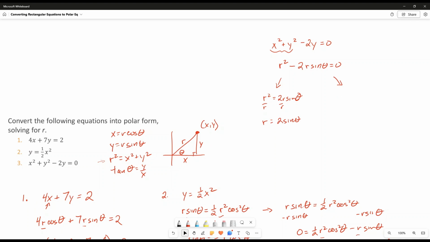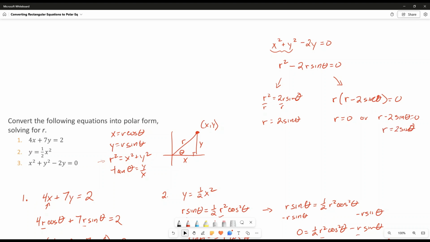So r squared minus 2r sine theta, we could factor an r out, and you'd be left with r times the quantity r minus 2 sine of theta. And because we're multiplying two things and getting 0, that means I can say r is 0 or r minus 2 sine theta is 0, which means r is equal to 2 sine theta.